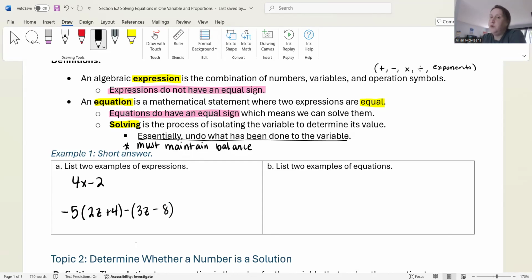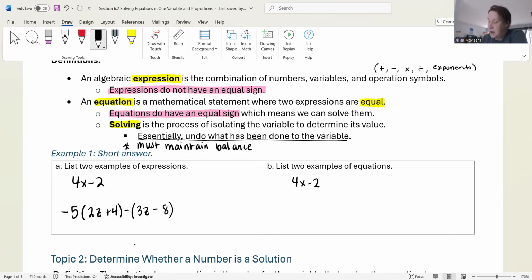Now for part B, the directions say list two examples of equations. In this case, we want an equal sign somewhere, so we want two expressions that are set equal to each other. Let's start with the first example from part A. We had 4x minus 2. If we just leave it 4x minus 2, it's just an expression.